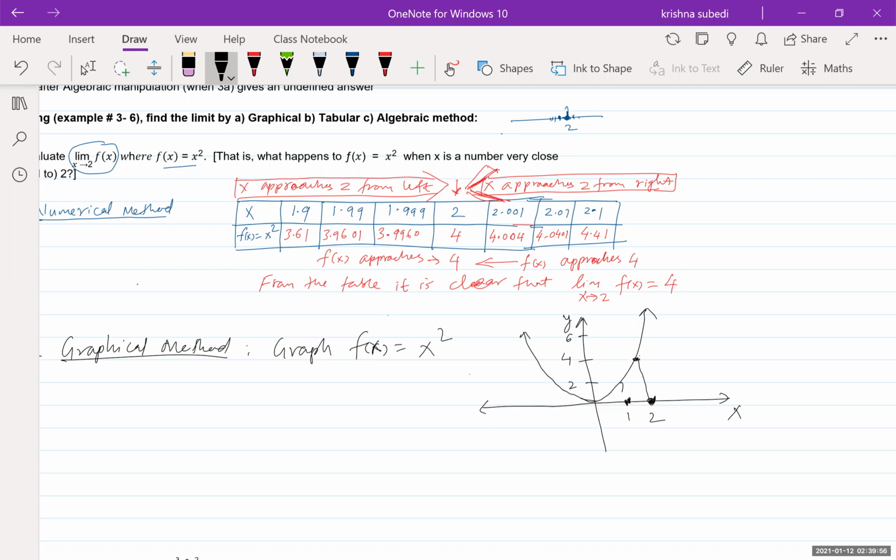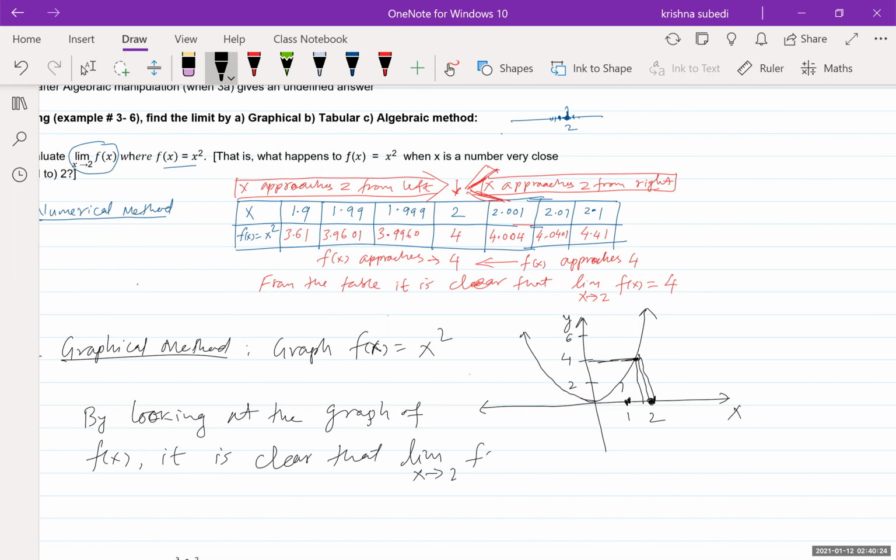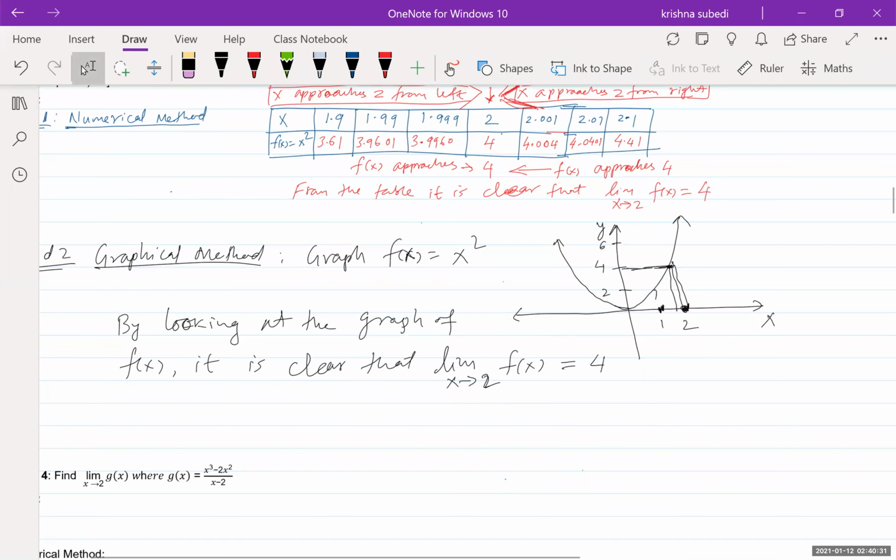Look at the approximate value on the left-hand side, which is 4, and from the right also, which is approximately 4. So by looking at the graph of f of x, it is clear that limit as x tends to 2 of f of x equals 4. Okay, this is called the graphical method.